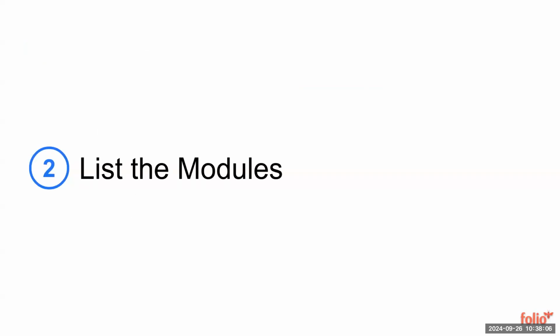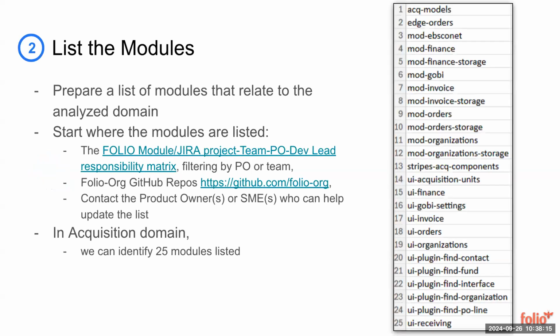All right. So the second step is we need to identify all the modules that are related to this domain. So how do you do that? First you look for where the applications and modules are defined. One obvious place is the JIRA projects that are related to this, and you identify the modules that are there.